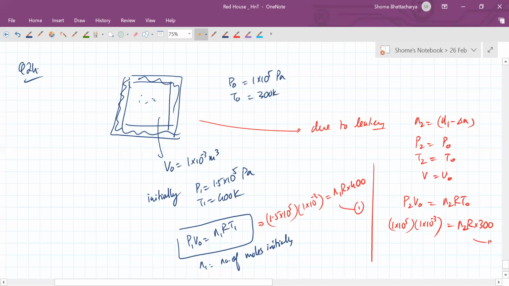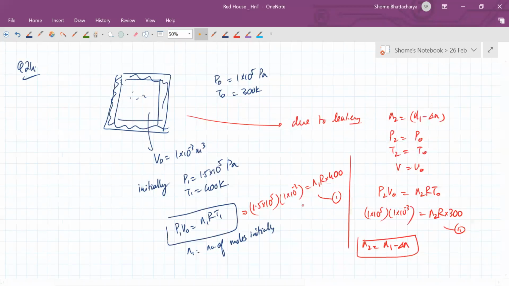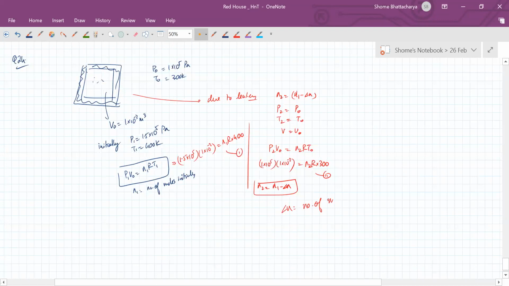So from this equation and this equation, we can find the number of moles which have leaked out. So delta N is the number of moles that have leaked out.